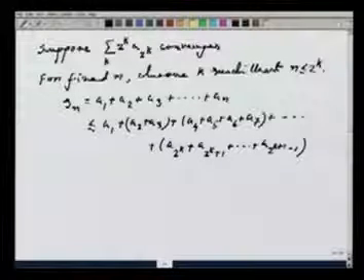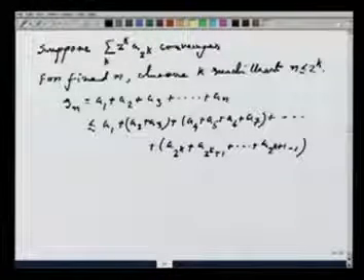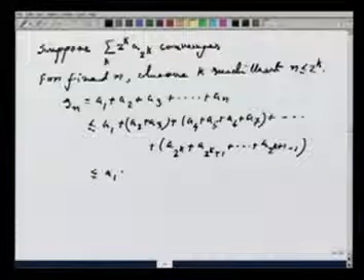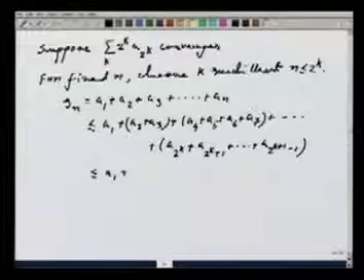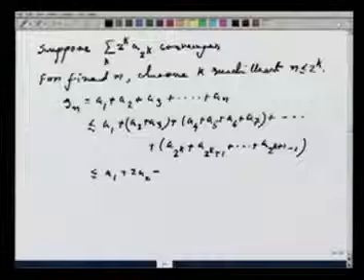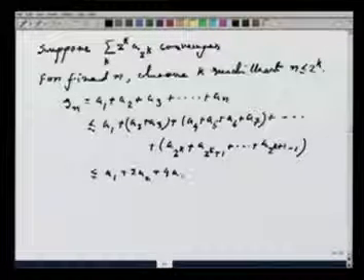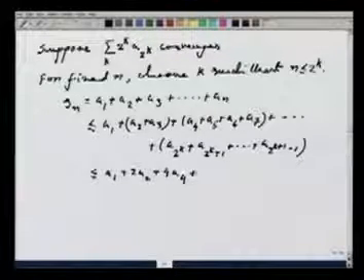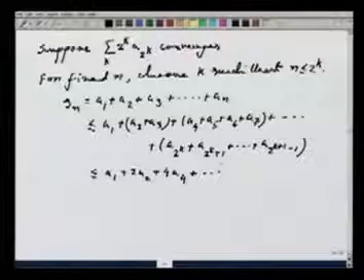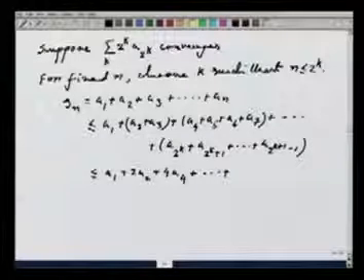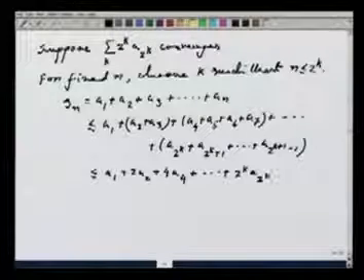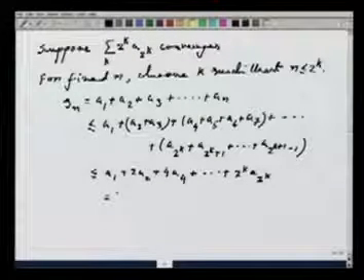Now this I further write as less than or equal to a1 plus, now a3 is lesser or equal to a2, so it is lesser or equal to twice a2, plus then I get it is lesser or equal to 4a4 and so on. For example, the last term which I have written here turns out to be 2 to the power k a2 to the power k, which is precisely tk.